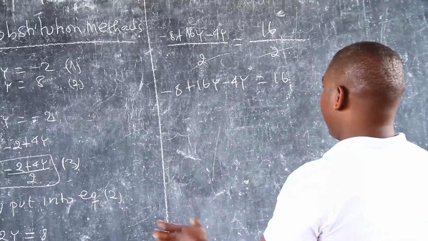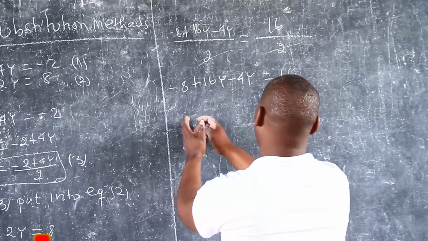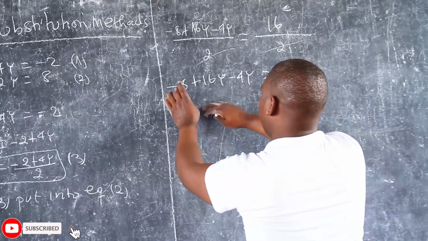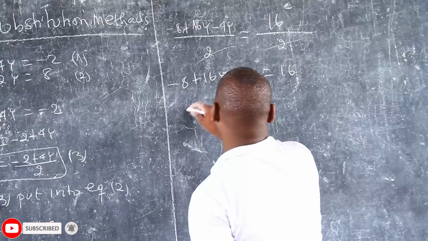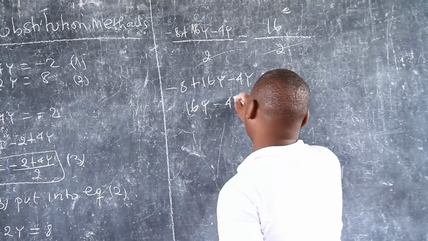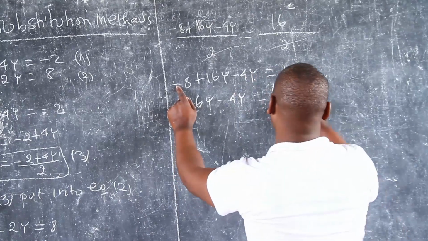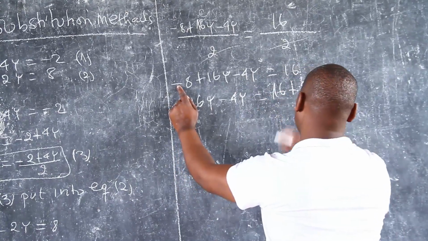So I'm going to arrange the variable terms and the whole number. I have 16y minus 4y equal to 16. If I have a negative, here it can be positive 8.